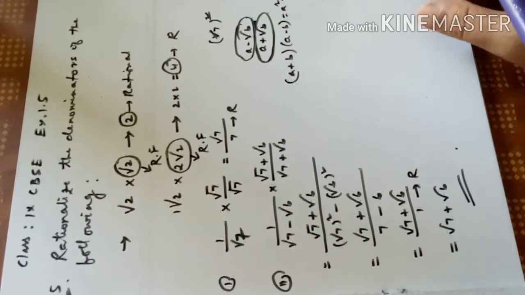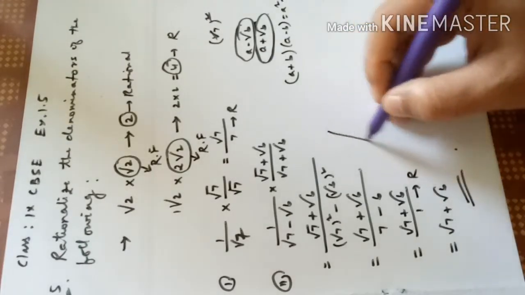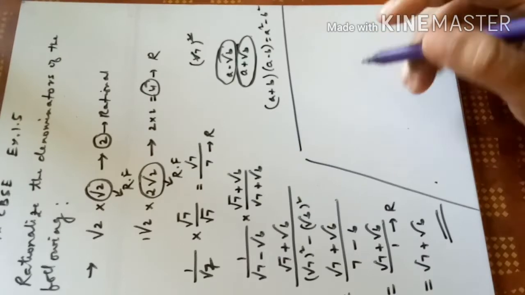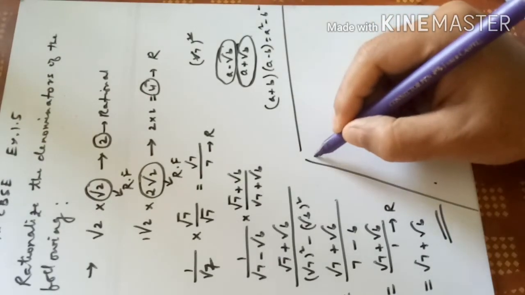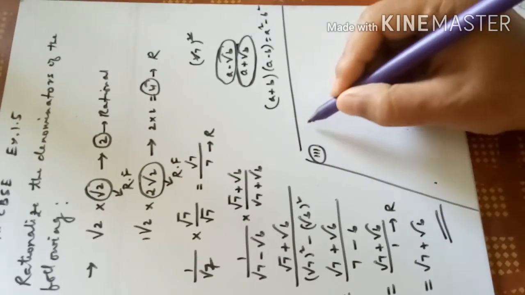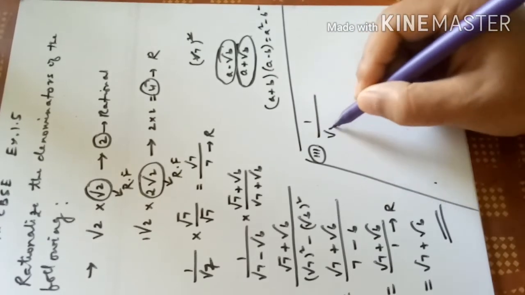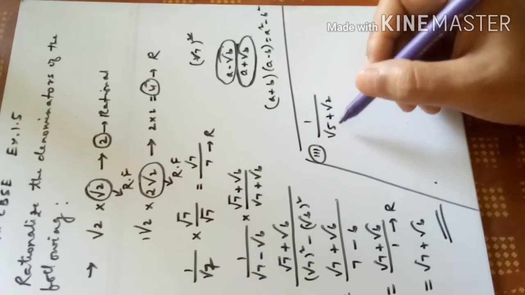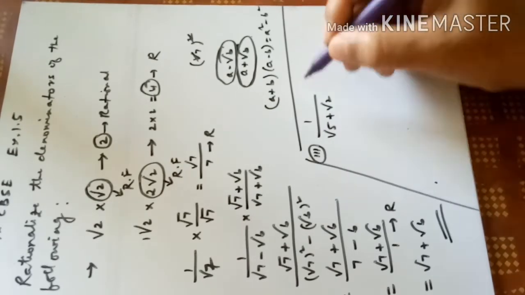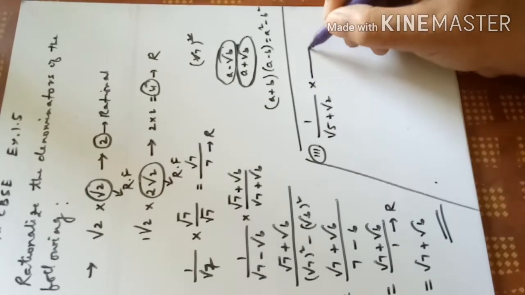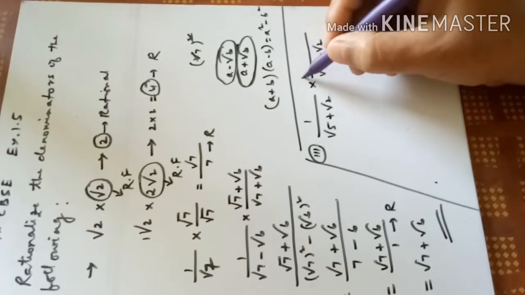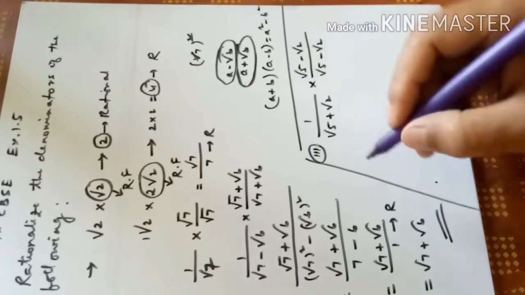Let me do one more sum now. The third sum, and the last sum will be yours. Third sum: 1 by root 5 plus root 2. Here also the denominator is a binomial. That means you should multiply by the conjugate of this number, root 5 minus root 2, both up and down.